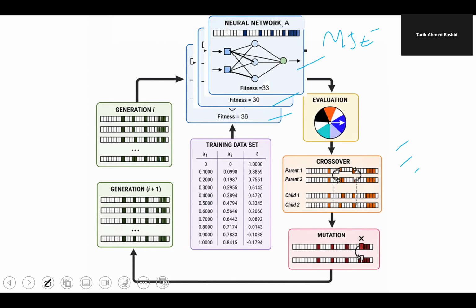We do crossover on them, and we do mutation, and we send them to the next iteration. Again, input is fed to them to find the mean square error. Then again the evaluation process happens, crossover, mutation, and so on and so forth. That is basically the explanation of a genetic algorithm combined with a neural network.